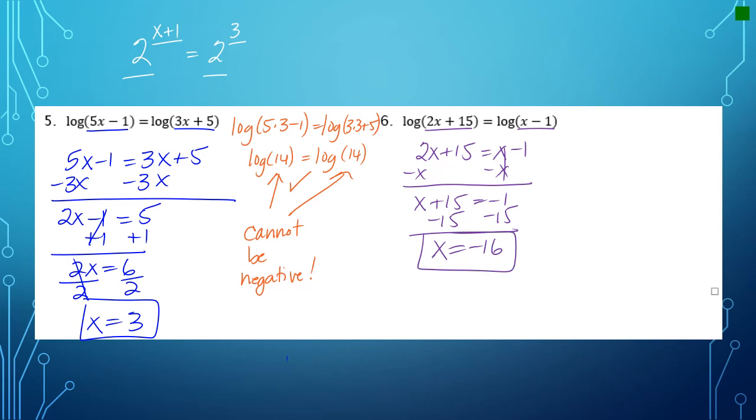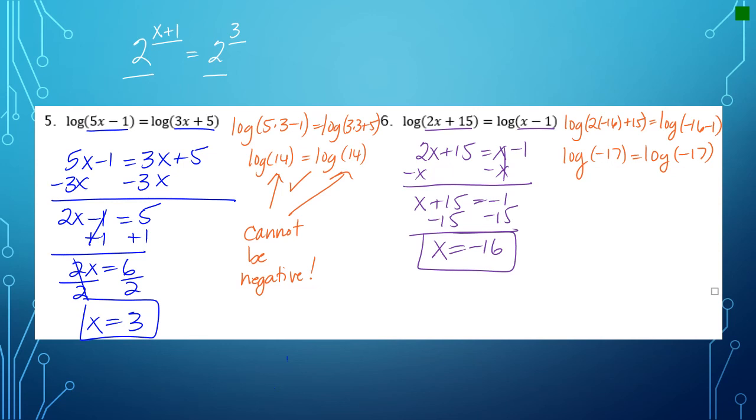So if I plug this one back in, I would have log of 2 times negative 16 plus 15, and then log of negative 16 minus 1. So this would be negative 32 plus 15, which is negative 17. And then negative 16 minus 1 is also log of negative 17.